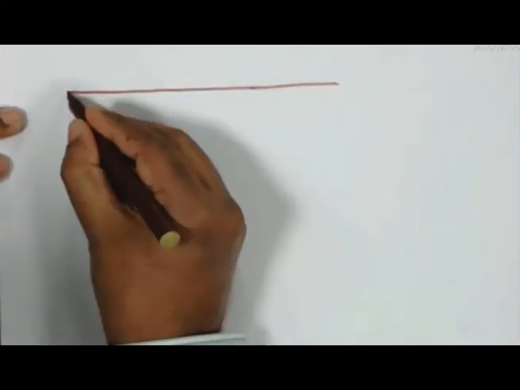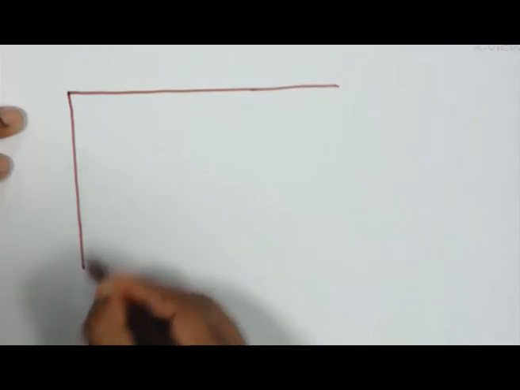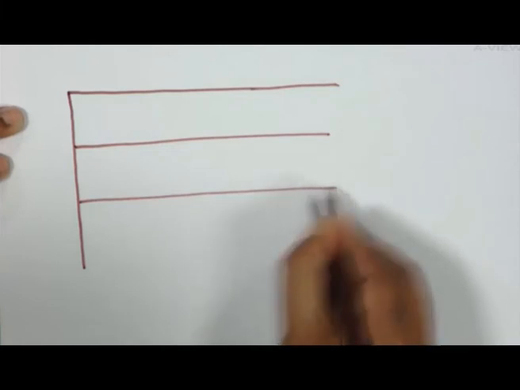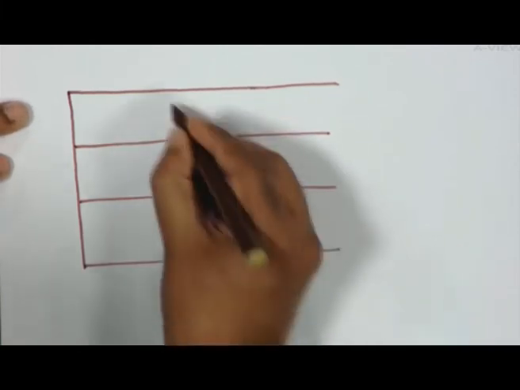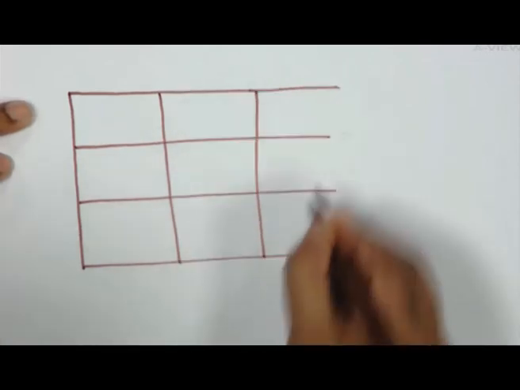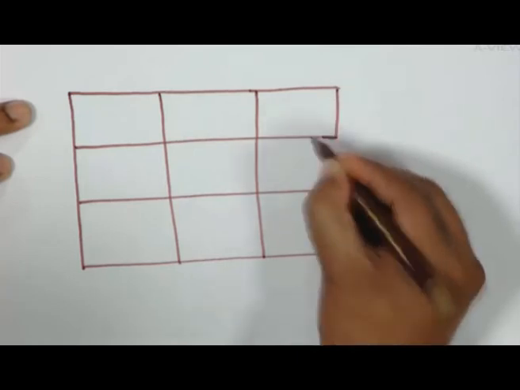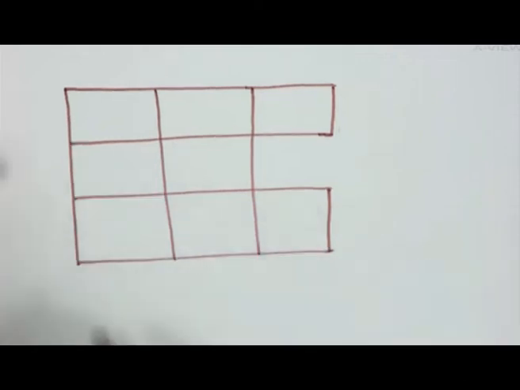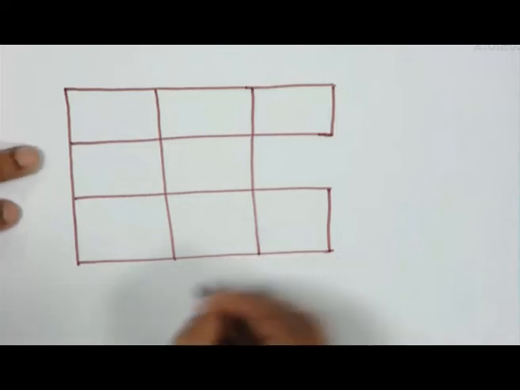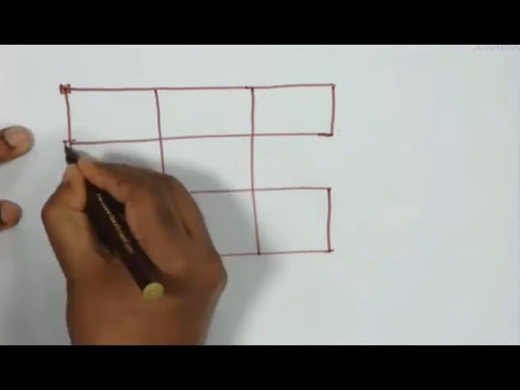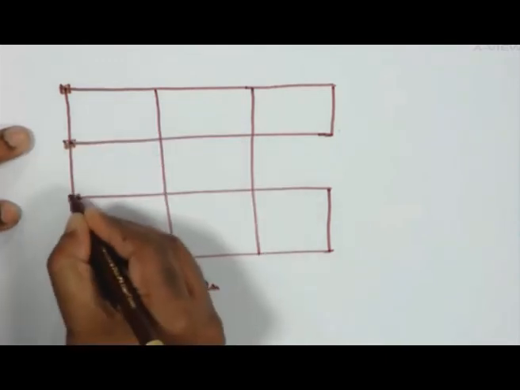And if we have that one, let us say this is the plan. You are having columns here, beams, and other things.